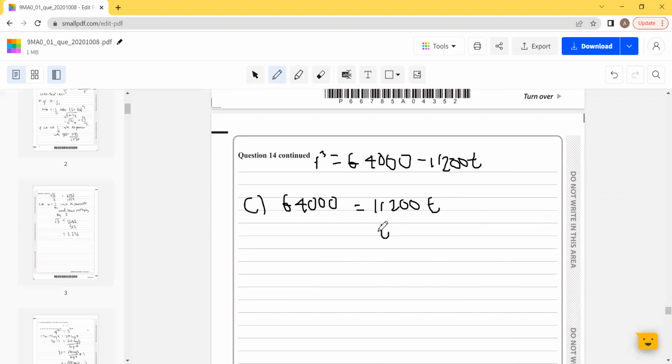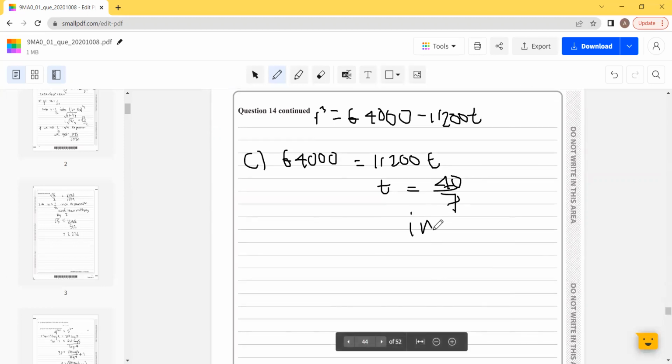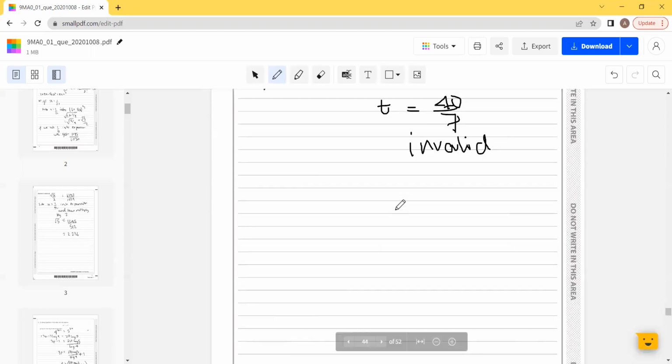So t is equal to, let's see, 64,000 over 11,200, 40 over 7. So time is equal to 40 over 7. That's when it's invalid. It's very important to state this.